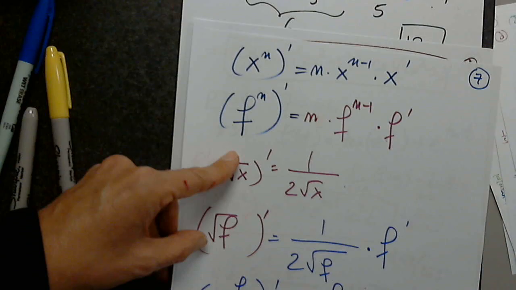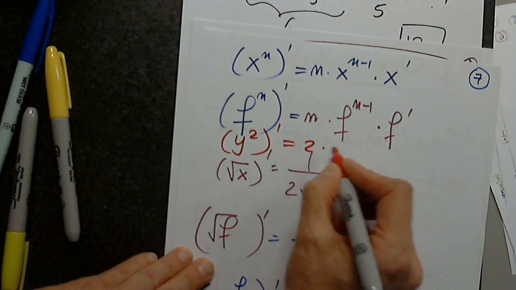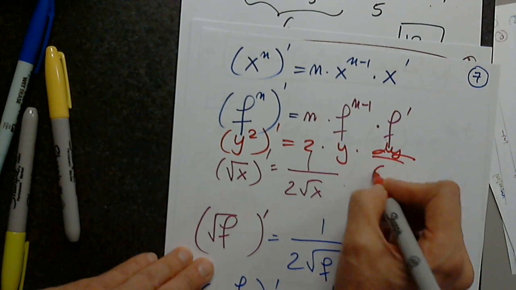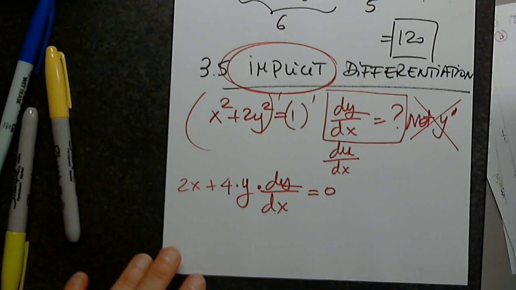Better? Can you show both of them at the same time? Yes. Both the problems. y squared prime is 2 times y times dy over dx. Okay. Better? Yeah. Very good.